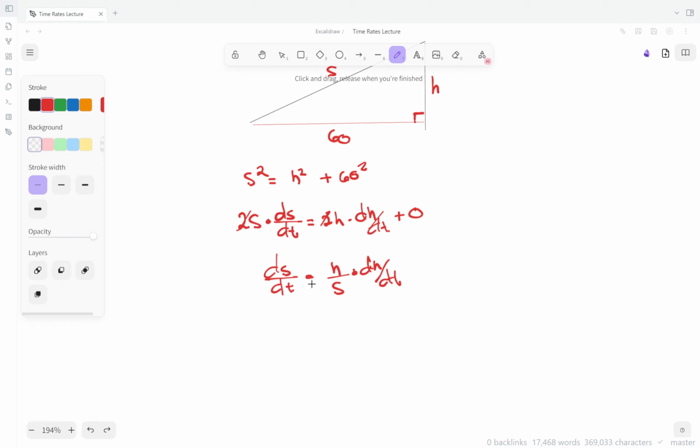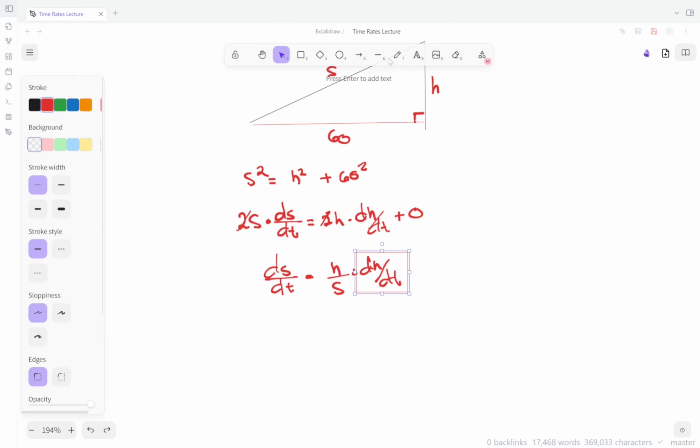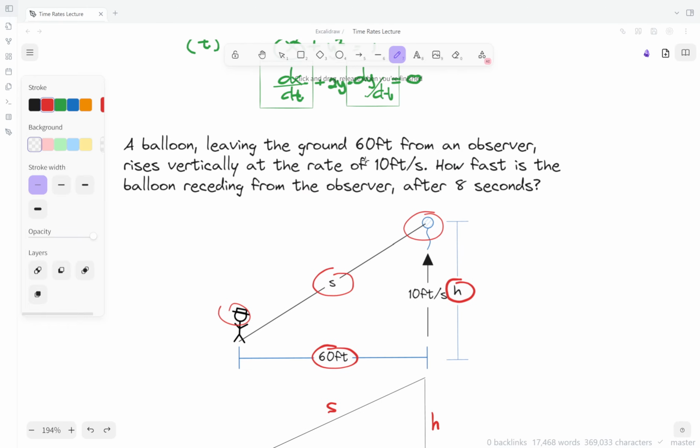The next step is to plug in the values that you know on the right-hand side. These come from the given in the problem. First, we already have the rate of h, which is the rate at which the height of the balloon goes up over time. That's given because the problem stated that the rate at which it goes up is 10 feet per second.